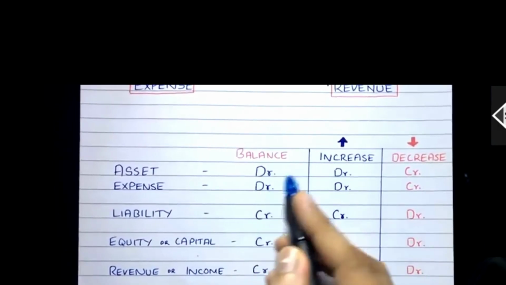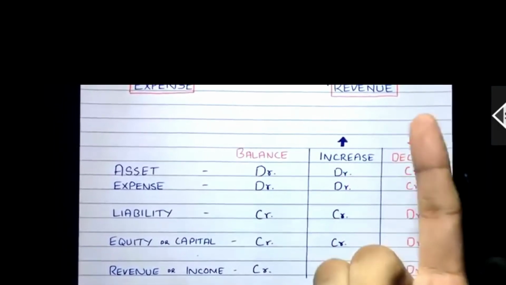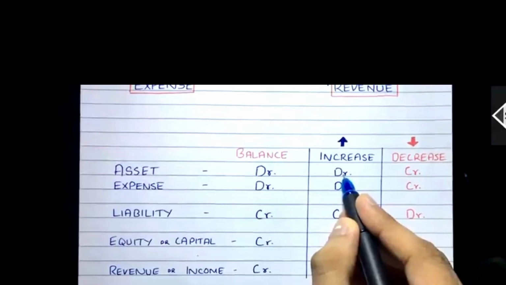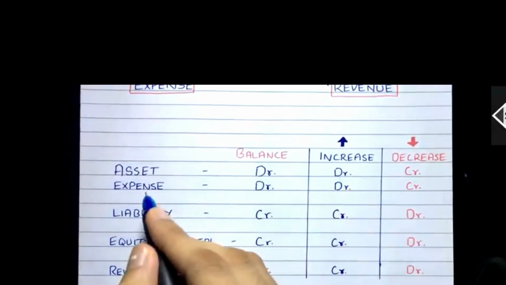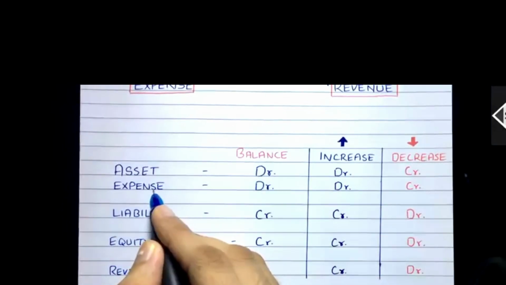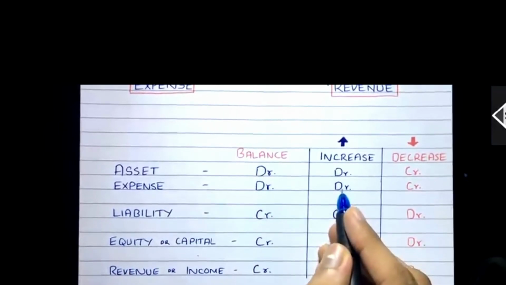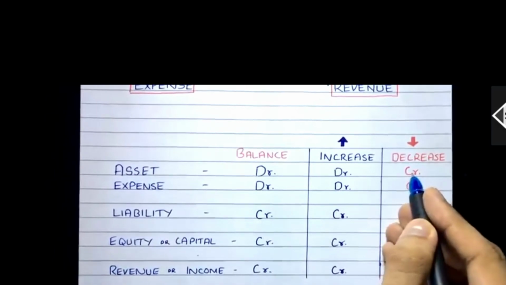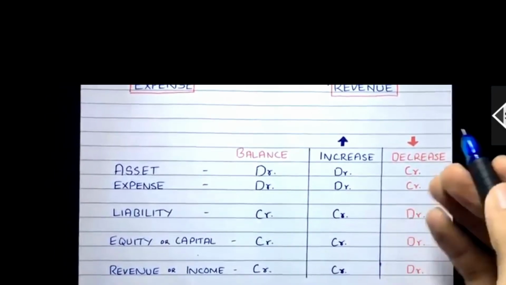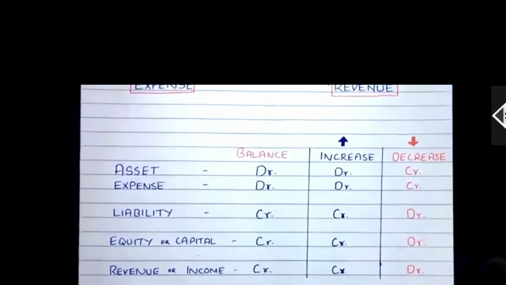So whenever an asset increases or you want to increase the asset, then you have to debit the asset. Or when you want to increase the expense or expenses have been incurred, then you have to debit that. And whenever you want to decrease any asset, let's say you have sold off the asset or the value of the asset is decreasing, then you have to credit the asset.